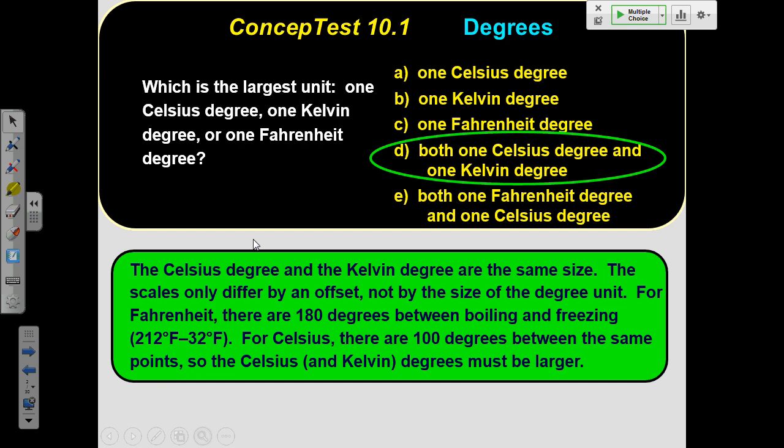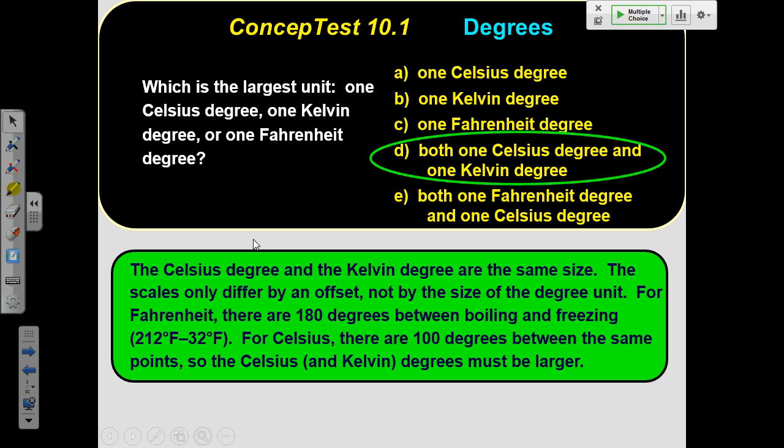Our Celsius and our Kelvin degrees, I don't know if I mentioned this back when we did this, but we did talk about converting between Celsius and Kelvin, and they're just offset by 273. And so the Celsius and the Kelvin degree, they're the same size. Doesn't mean that they're the same temperature. It means that if I have a change in temperature for Celsius and a change in temperature for Kelvin, those are going to be measuring the same change in temperature. Okay, so like 1 Kelvin is not equal to 1 Celsius, but a change in temperature of 1 Kelvin is equal to the change in temperature of 1 Celsius.